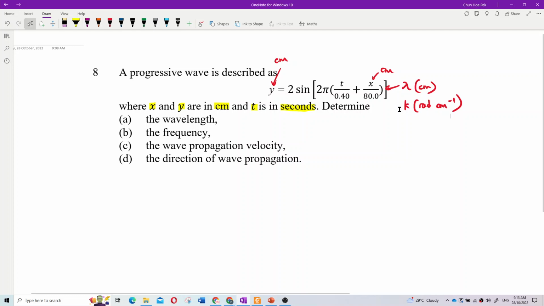And then y, he says y in centimeter, which means the amplitude is also in centimeter. Another thing is time, which is in seconds.